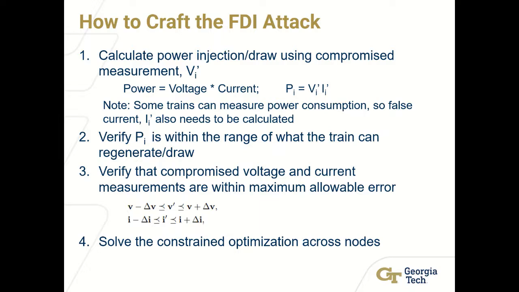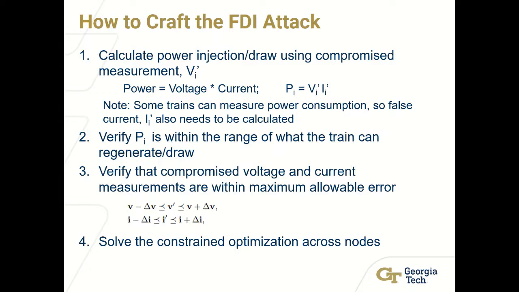The second step is to verify P sub I is within the range of what the train can regenerate or draw from the system. In the previous example, you saw that the trains could regenerate respectively 5.5 or 1.8 units of power. If you exceed that, then the actual power drawn is not going to reflect your intended attack.